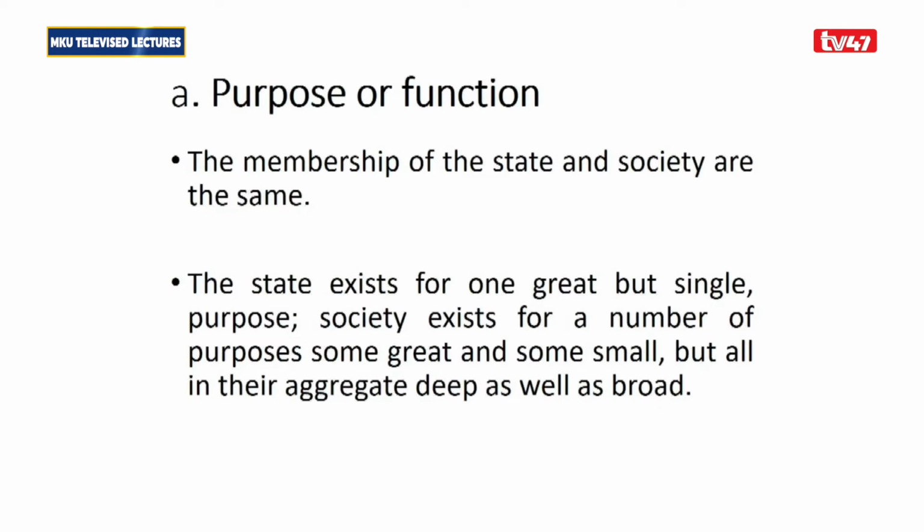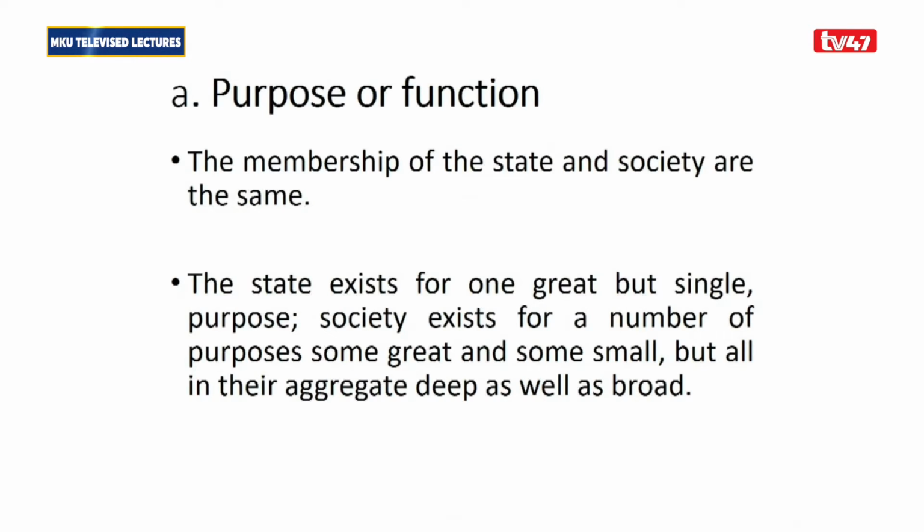Now to the purpose. According to him, the membership of the state and society are the same, and that's true. But the state exists for one great but single purpose. Society exists for a number of purposes, some great and some small, but all in their aggregate, deep as well as broad.